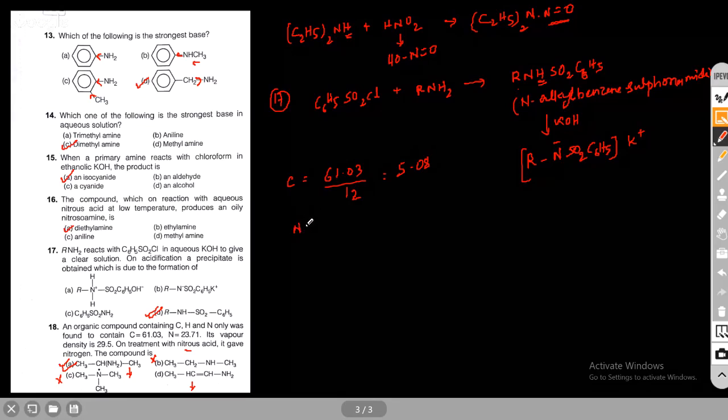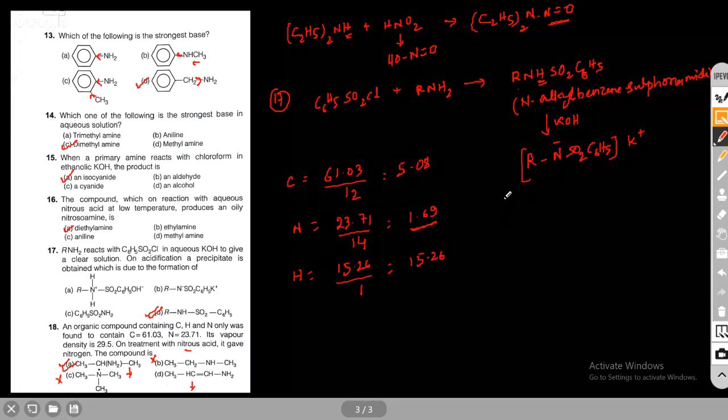Nitrogen is 23.71 divided by 14, around 1.69. Hydrogen is 100 minus (61.03 plus 23.71), which is 15.26, divided by 1, equals 15.26. This is the molar ratio we have.